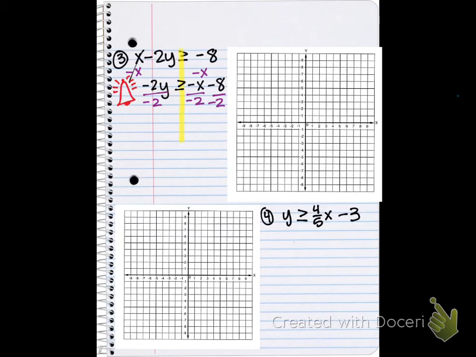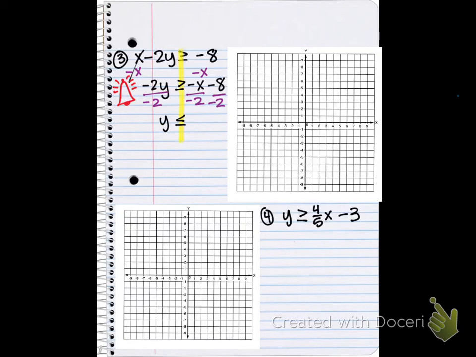We have to flip the sign. So it goes from greater than or equal to, to less than or equal to. Just go ahead and write that down so you don't forget. And that's that little faint bell that should always be popping up in your brain every time you divide an inequality by a negative.